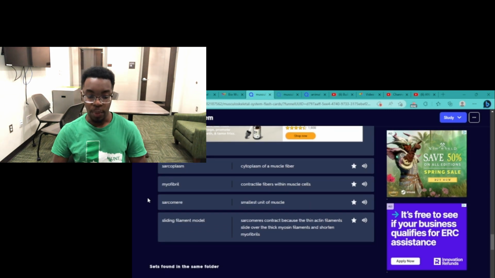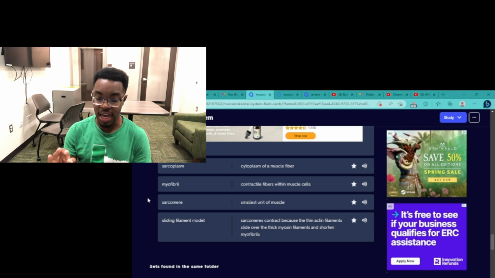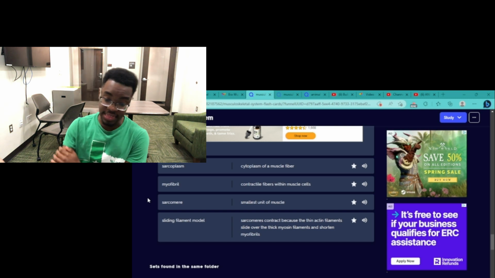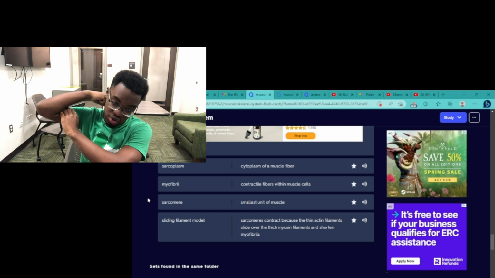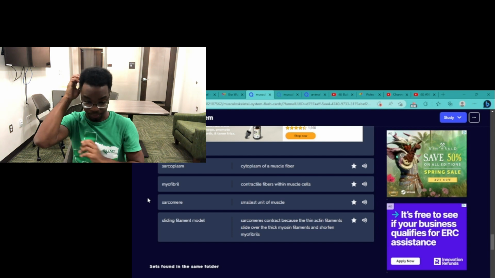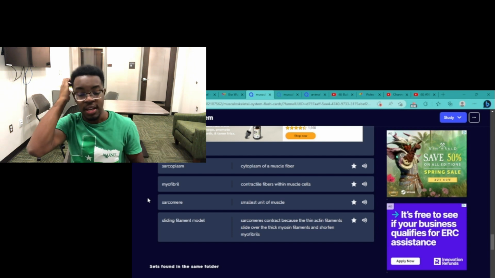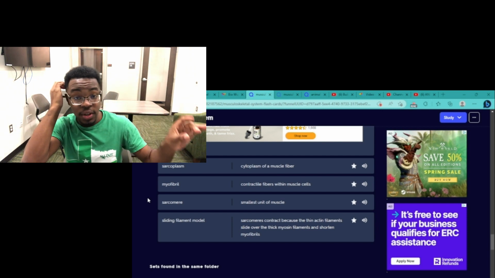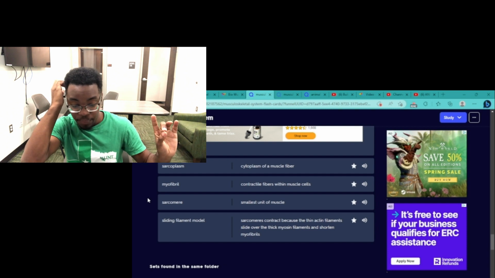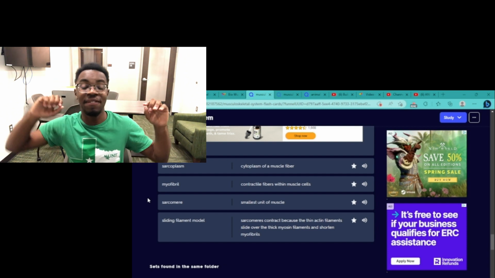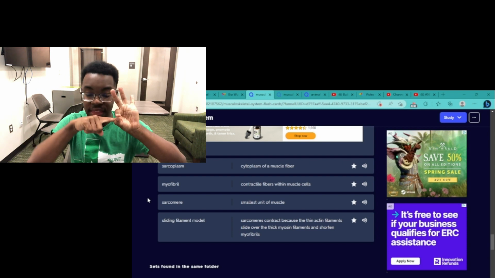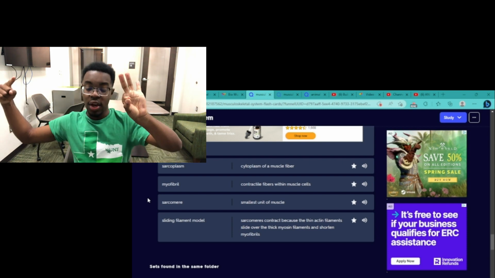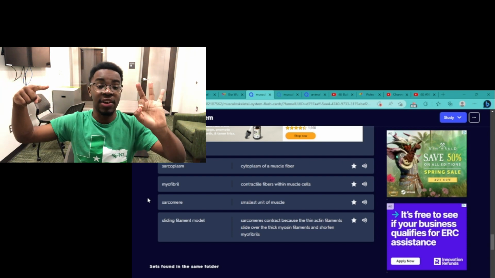And we have a sliding filament model. The sarcomeres contract because the thin actin filaments slide over the thick myosin filaments and shorten the myofibrils. What did I just say? So the smallest unit of muscle, the sarcomeres, because of the thin actin filaments, they're going to go inside of each other like you're knitting something.